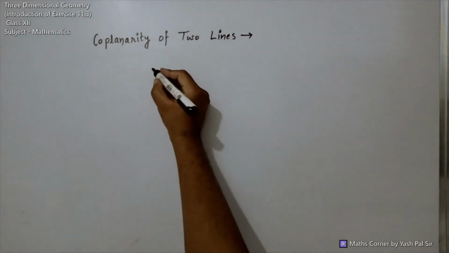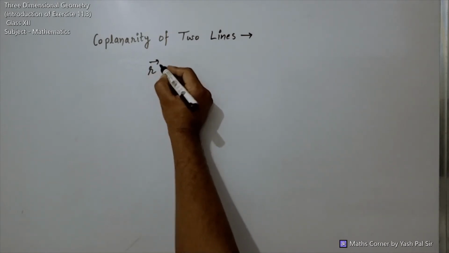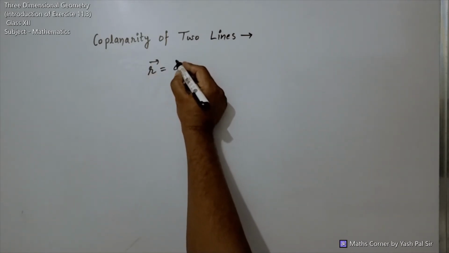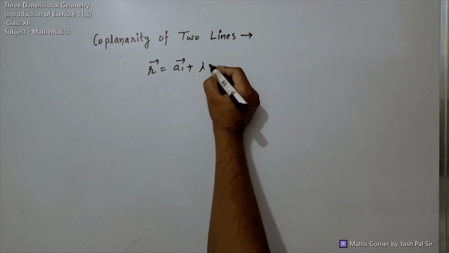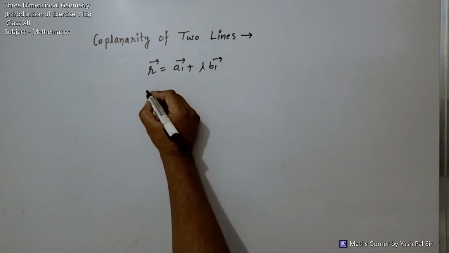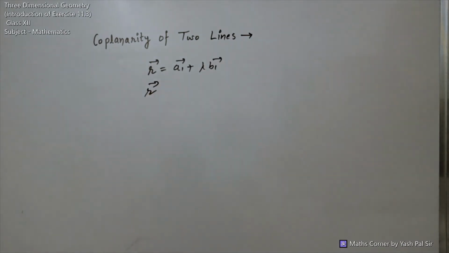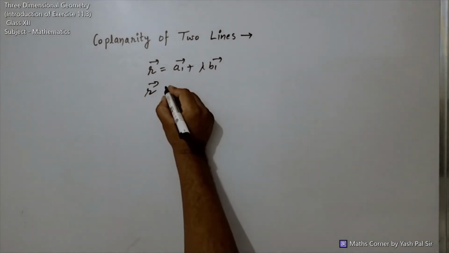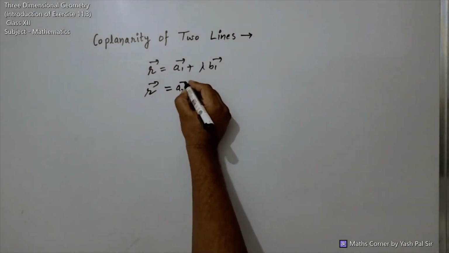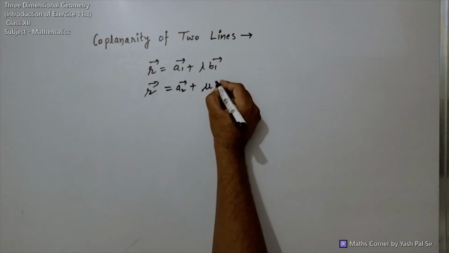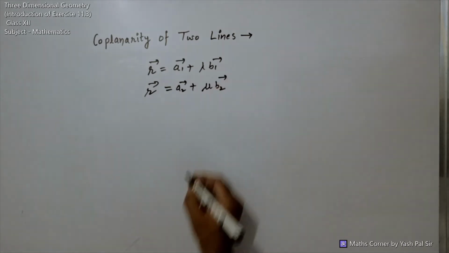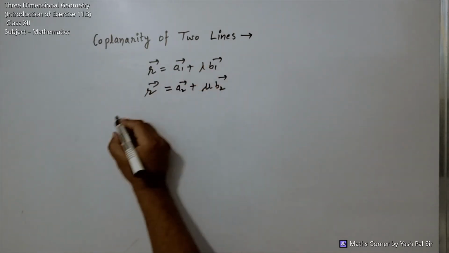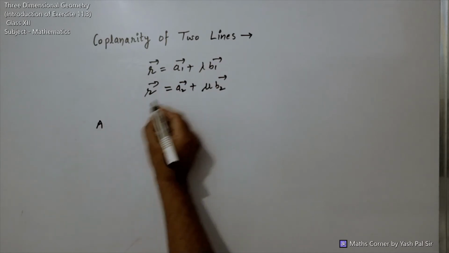Next is coplanarity of two lines. Suppose we are given two lines, vector r is equal to a1 plus lambda b1, and the second line is vector a2 plus mu b2, right?